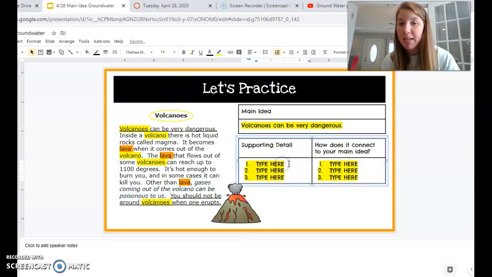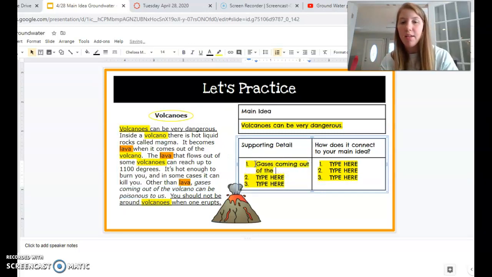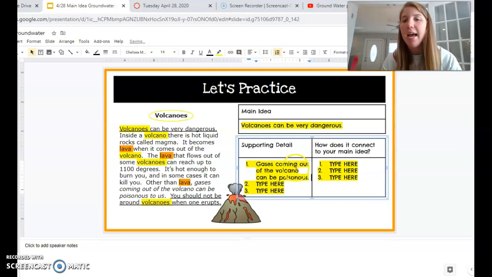Yes, I'm going to type that over here. Gases coming out of the volcano can be poisonous. Now, why does that detail prove that volcanoes can be dangerous? Because the poisons can harm us.